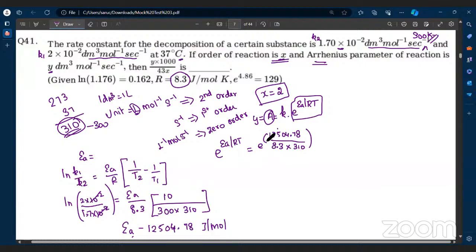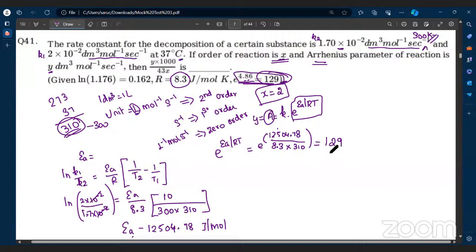Now if we evaluate this part, e power 4.86, we get 129. It is given here itself, so no need to do this calculation. You can just write the value as it is.